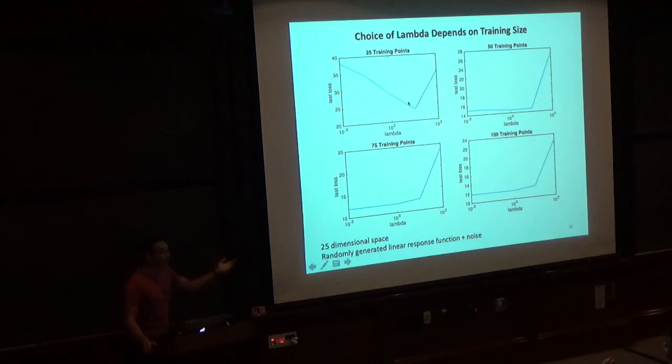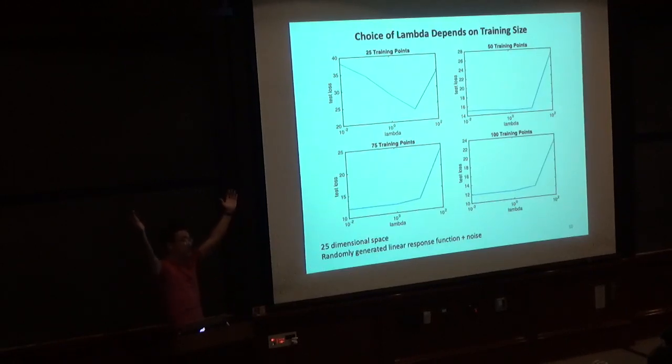One of the reasons why I didn't, and perhaps I should the next time to make it more clear, is because in practice, of course, we have much more than 25 training examples. We get curves that don't look like this. In practice, what happens most of the time, if you ever try this, is you get a nice little region where the behavior of the model with respect to lambda is pretty stable, like how badly it's overfitting is pretty stable, and then as lambda becomes too small or too large, the test performance goes up.